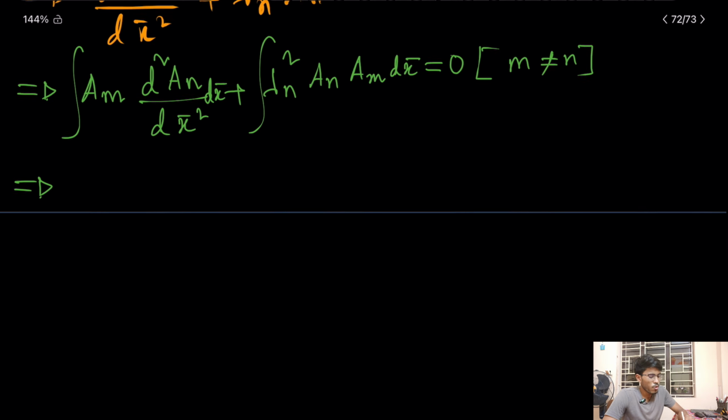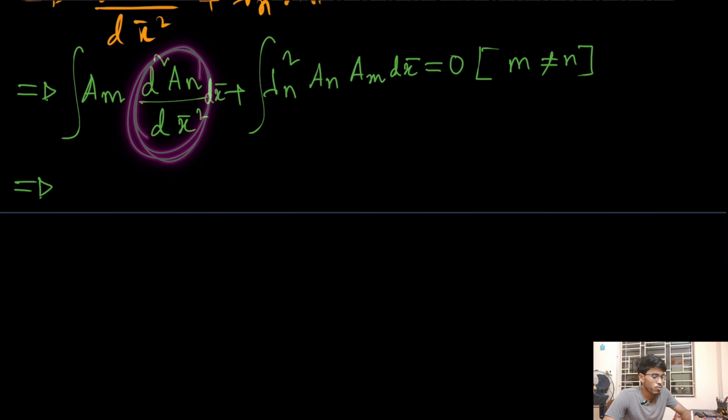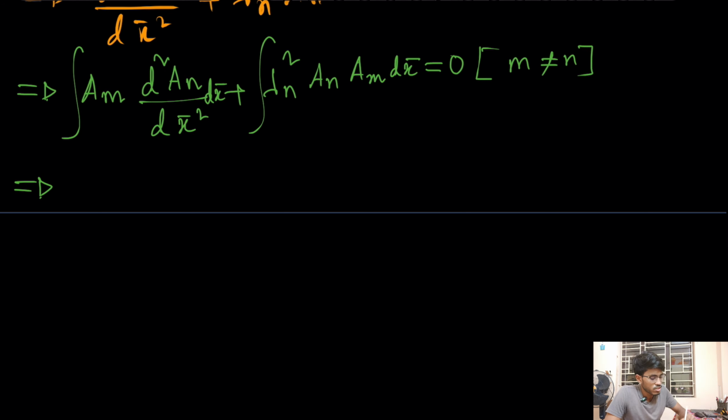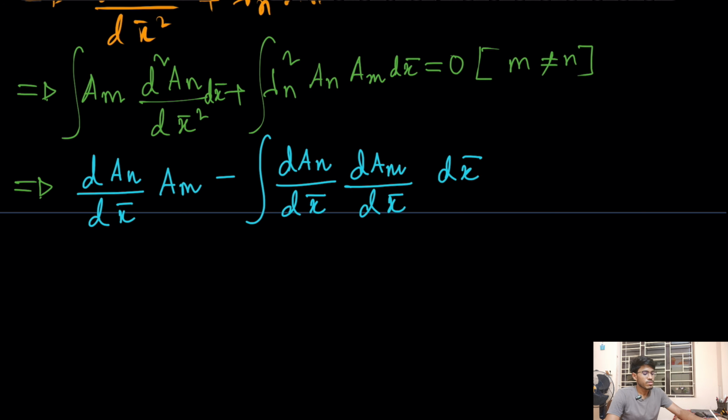We will apply integration by parts for this integral, because we want to reduce the order of the derivative. So this will be the first function and this will be the second function. Integration of the first function will give dan dx bar, and the second function will remain intact. Then again the differentiation of the second function.